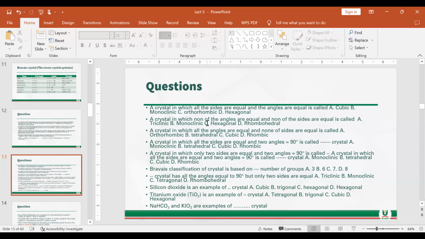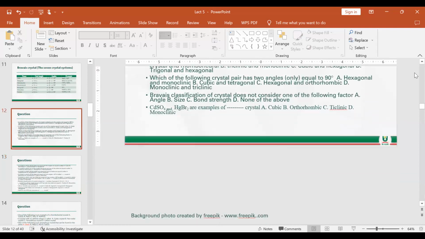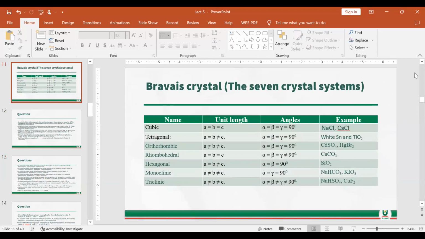All the angles are equal, and none of the sides are equal. You can find the answer for yourself. Are you seeing it? None of the sides are equal. Is it not orthorhombic?